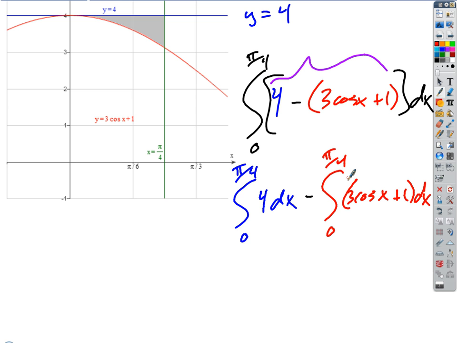Because these integrands share the same variable and the same limits of integration, we could just include them in one big integral. Okay? Make sense? That's how we're going to eventually have to do these when we start to do volumes of revolution.